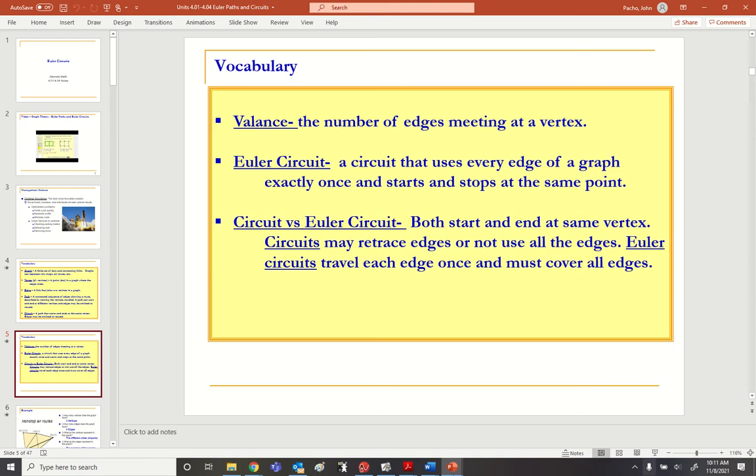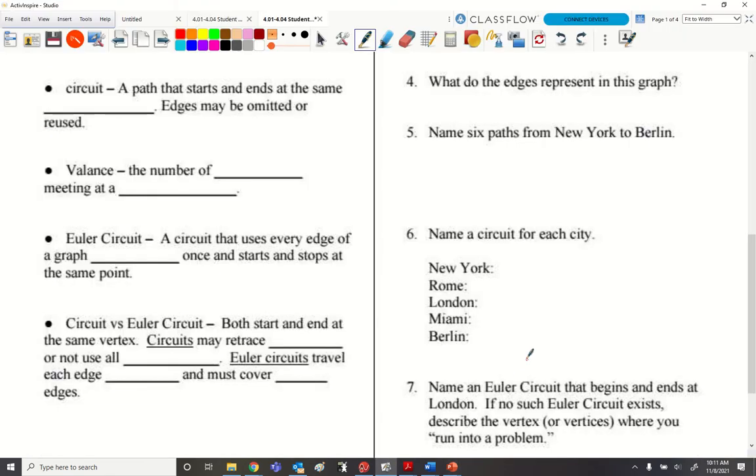All right, let's continue. We already did circuit, so the next is degree: the number of edges meeting at a vertex. Euler circuit: a circuit that uses every edge of a graph exactly once and starts and stops at the same point.